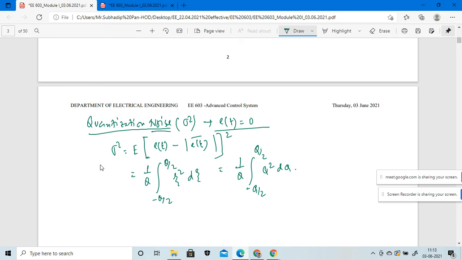So how will we get this equation? That will come if we simplify using the Laplace transformation or integration by parts, right? For that case my value will become q square by 12.